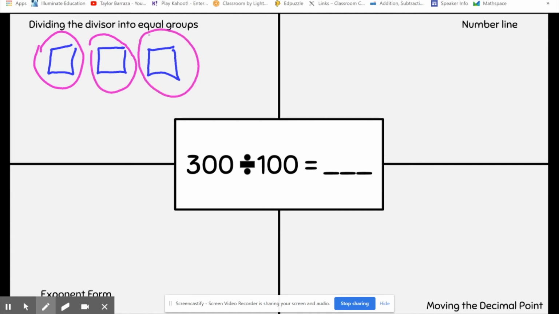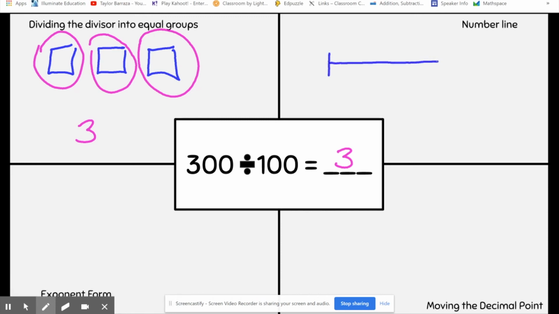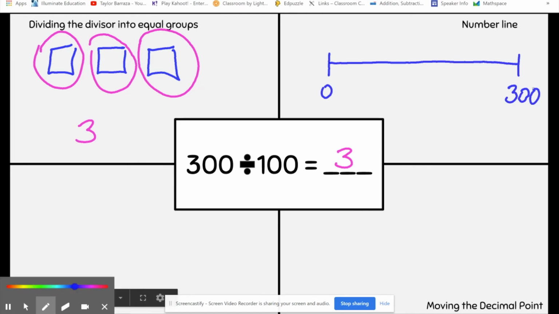And I was able to make 3 groups. So my answer is 3. To double check, I'm going to build that number line and break it up to show hundreds on the number line.